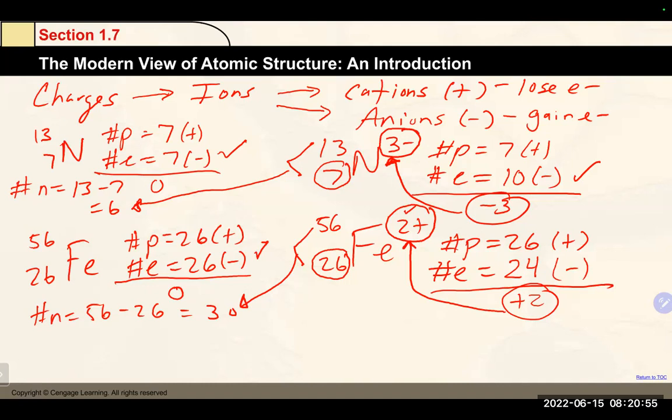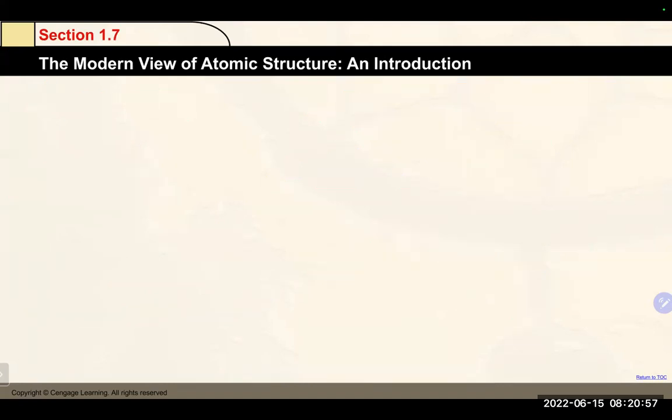Okay, so why don't you try one? Let's do calcium 40 with a +2 charge, and let's do oxygen.